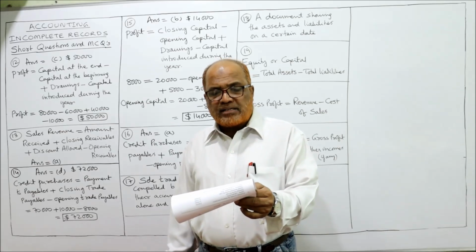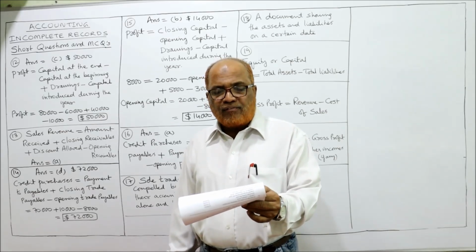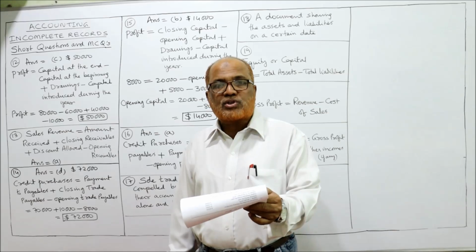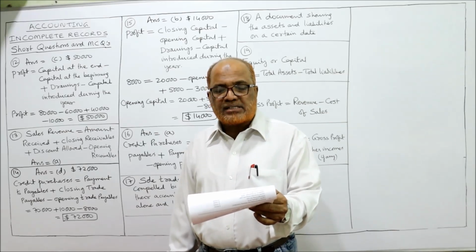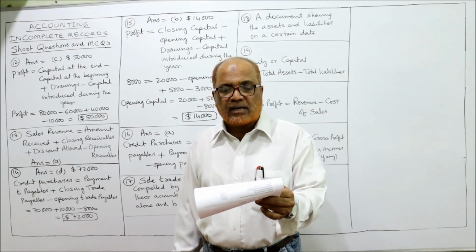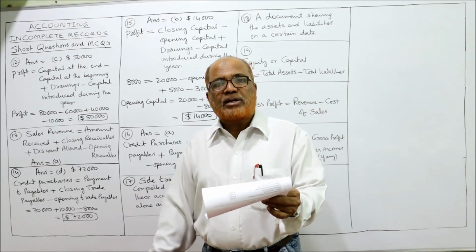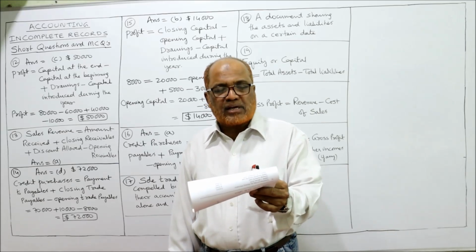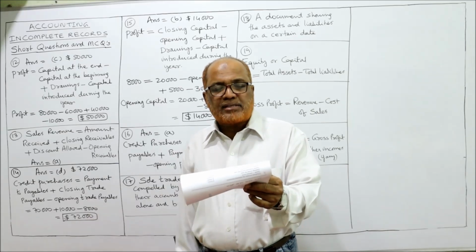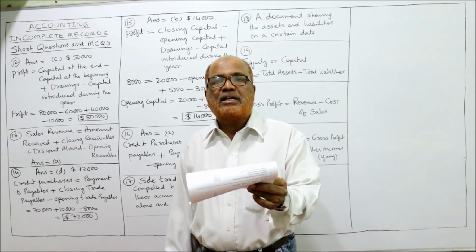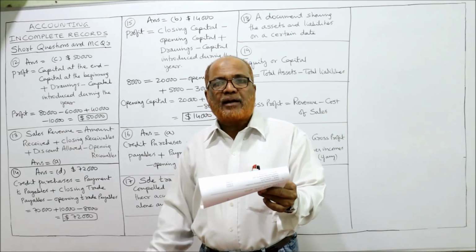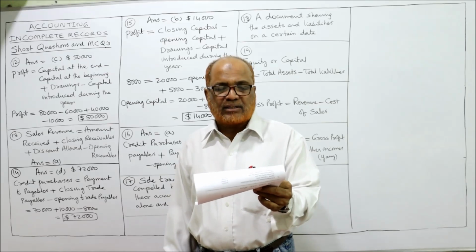Next one, the 14th one. A business provides the following information. On 1/4/2016, trade payables are 8,000. On 31st March 2017, the trade payables are 10,000. So opening trade payables, closing trade payables are given. Payments to payables in the year ended 31st March 2017 was $70,000. Payment made to creditors, suppliers, $70,000.